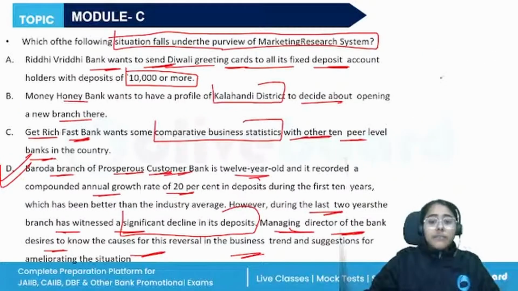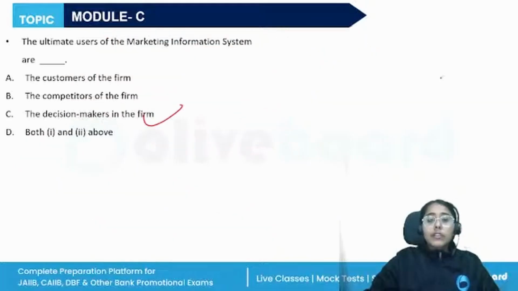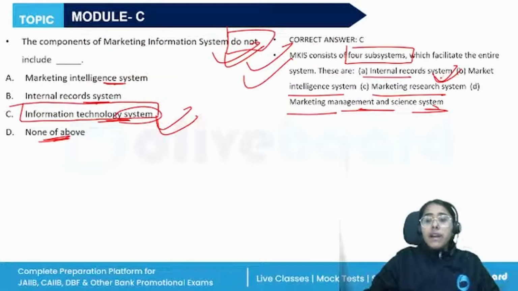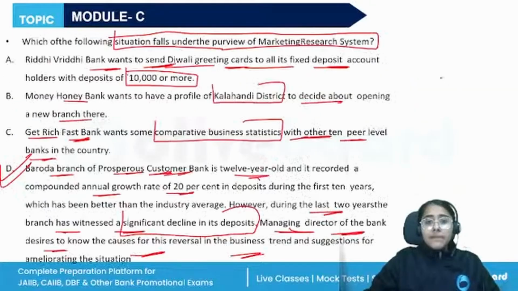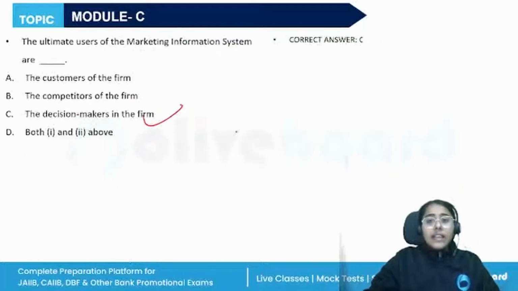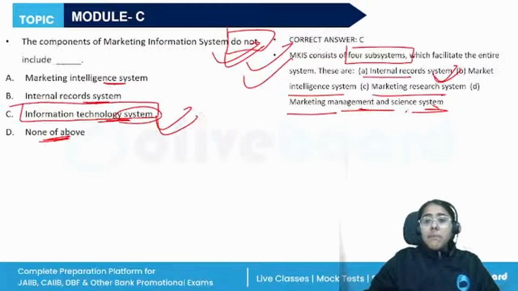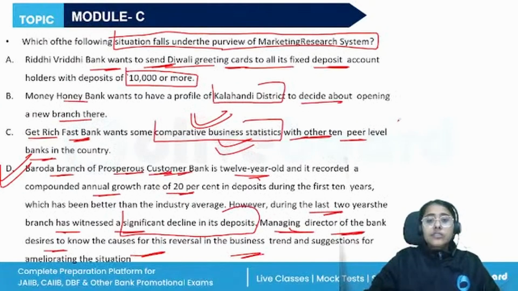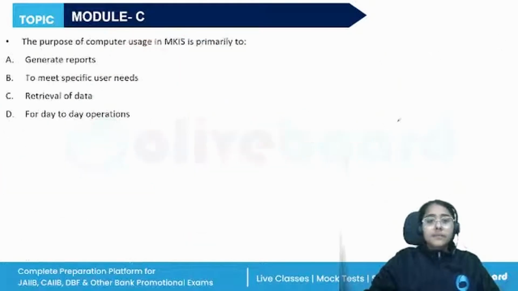If the Money Honey Bank wants to have a profile of the Kala Handi district about opening a new branch, they can use the marketing intelligence system, right? And if they want comparative business statistics, then they can use the marketing management and science system. But option D relates to the marketing research system.